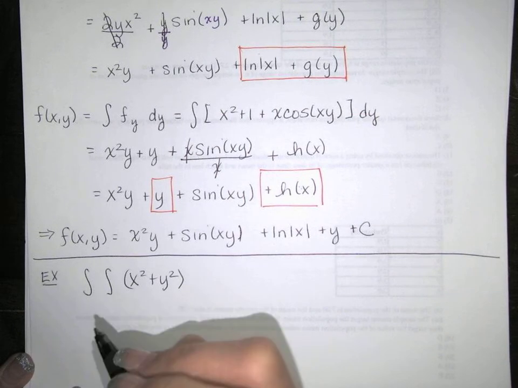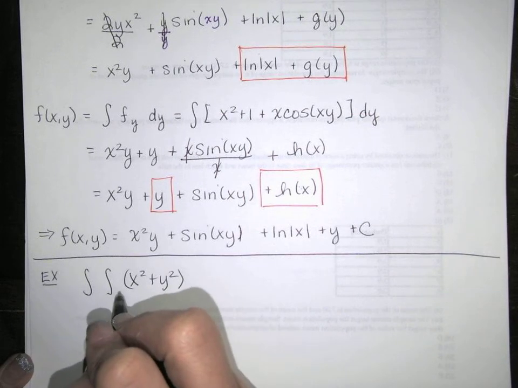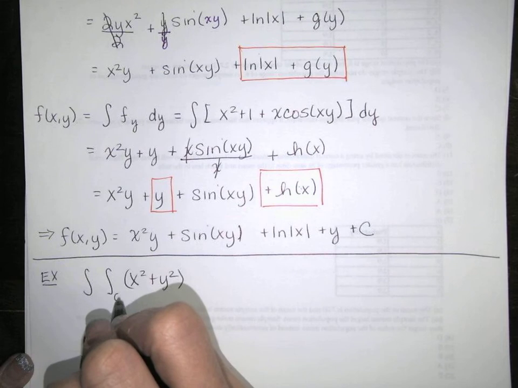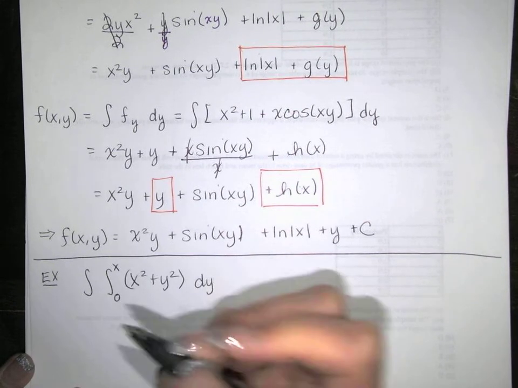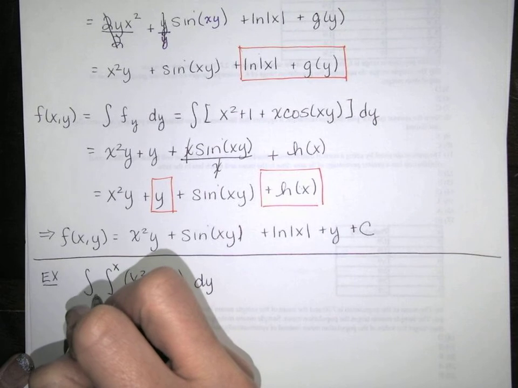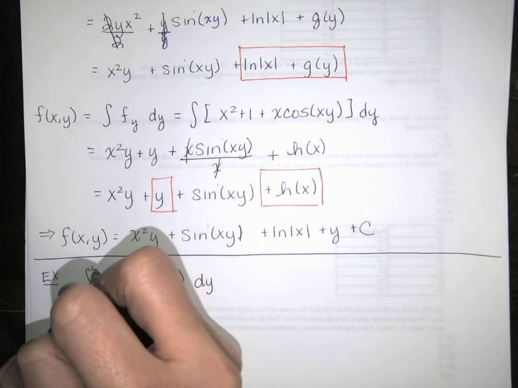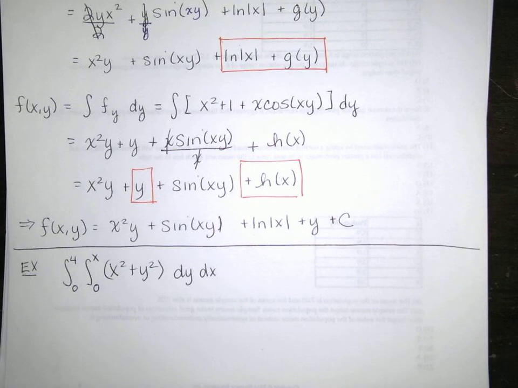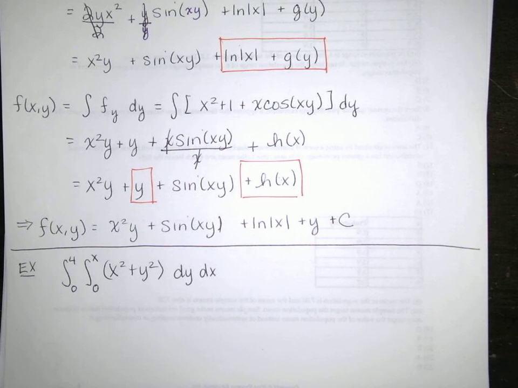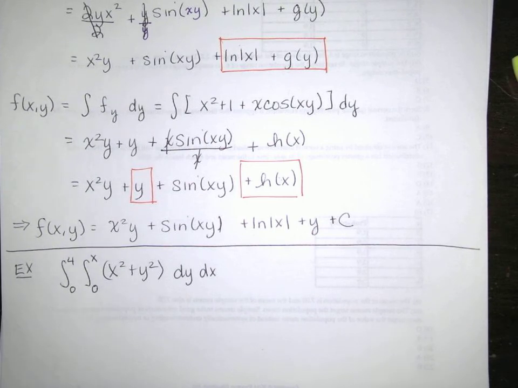Let's say we're integrating from 0 to x, and let's say 0 to 4. Most of the time in this chapter, we won't be doing partial antiderivatives. We're going to be evaluating definite integrals that look like this. Now, this looks like alphabet soup. It looks much harder than it is, but actually it's pretty simple.